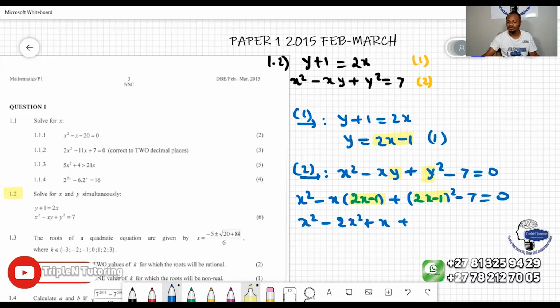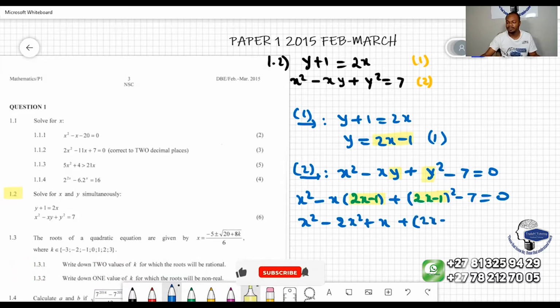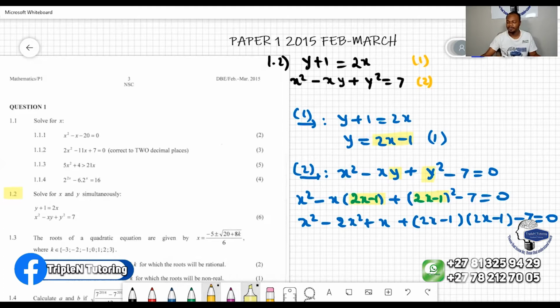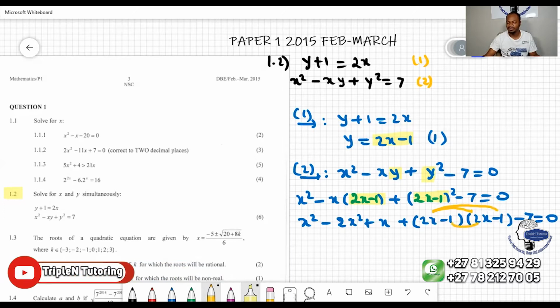What you can do is 2x minus 1 times 2x minus 1 minus 7 equal to 0. Then you can do 2x times 2x, 2x times negative 1, negative 1 times 2x, and negative 1 times negative 1.